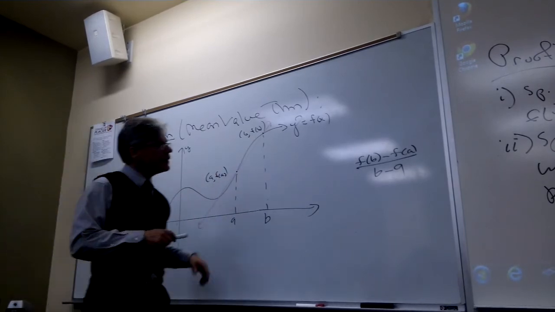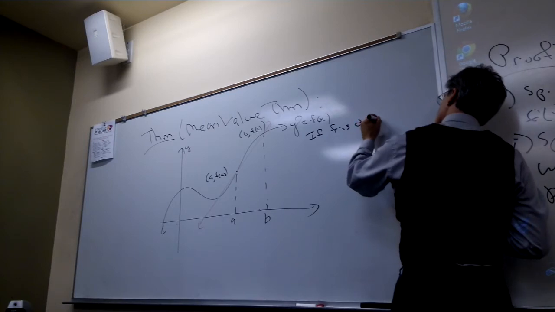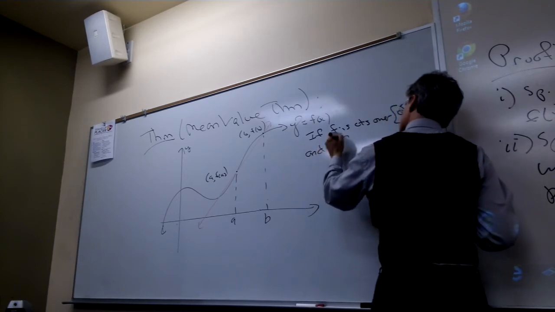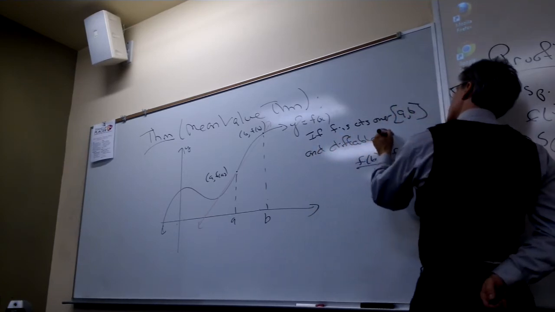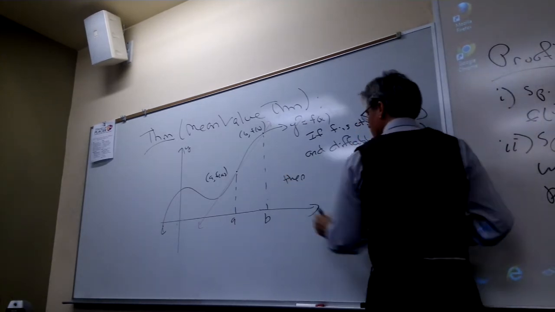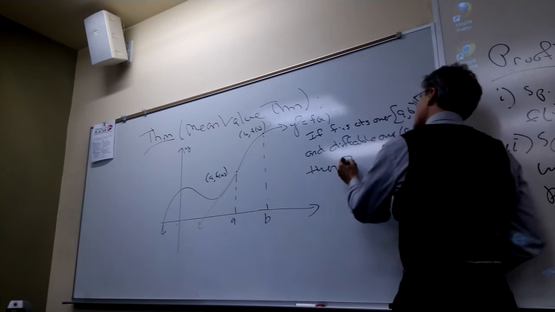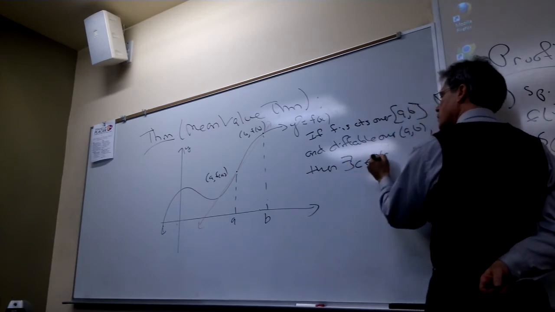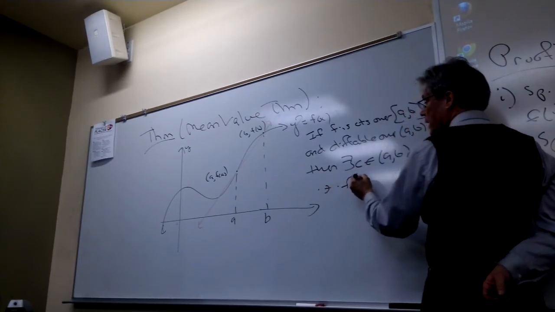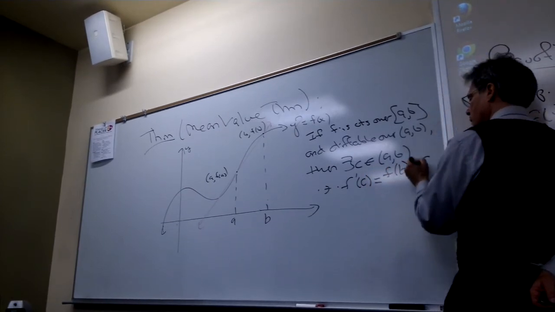So, if f is continuous over the entire interval from a to b and differentiable over the corresponding open interval from a to b, then intuitively there must exist some value of x called c in the open interval from a to b, such that the slope of the tangent line to the curve at x equals c is nothing more than the slope of that secant line passed through the 2 points we mentioned earlier.